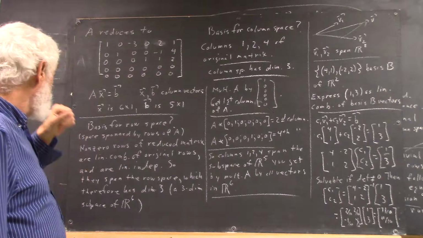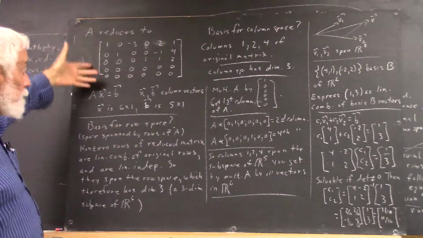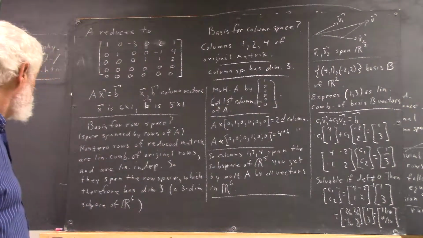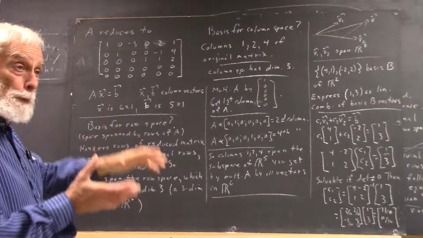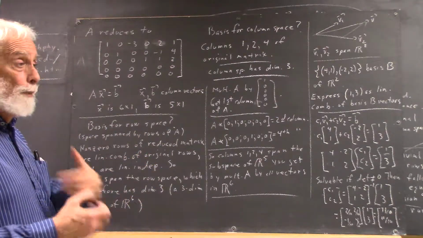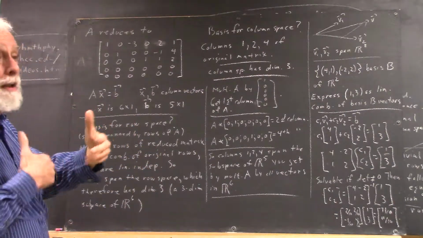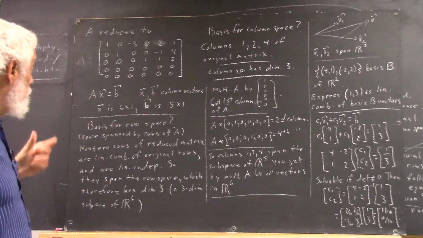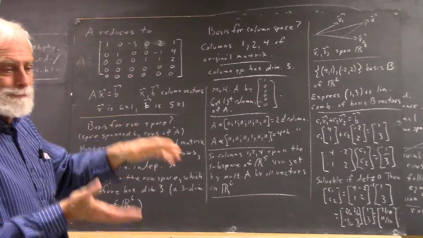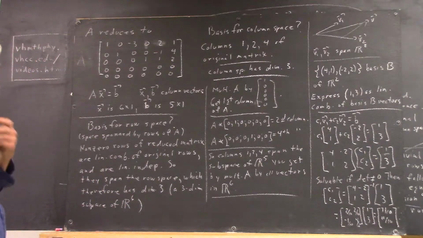Okay, so the non-zero rows of the reduced matrix are just linear combinations of the original rows, because any row operation involves doing a linear combination of 2 rows, or multiplying a row by a constant, which is a simple linear combination of that one row, or interchanging 2 rows, which doesn't change the set of rows that you have in the matrix.